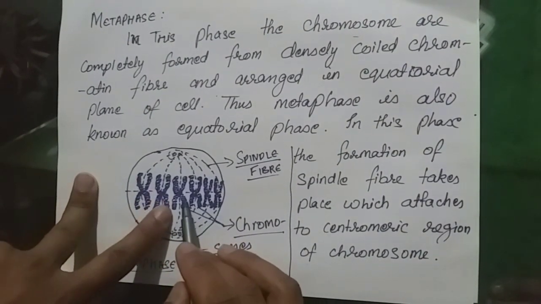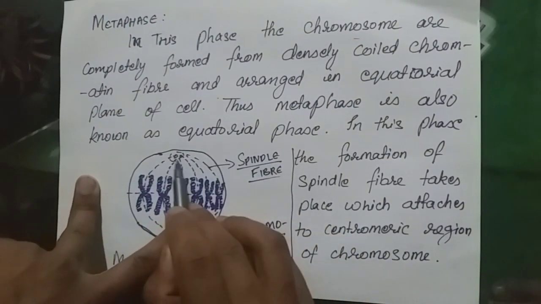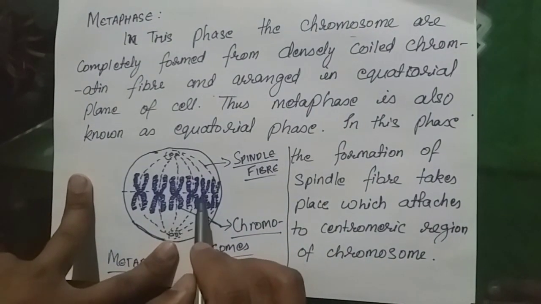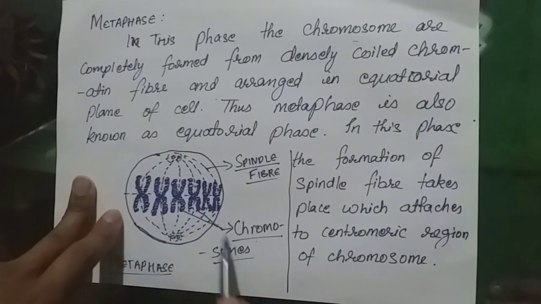Not only that, there is also the formation of spindle fibers which get attached to the chromosomes. You can see the formation of spindle fiber and the chromosome clearly.